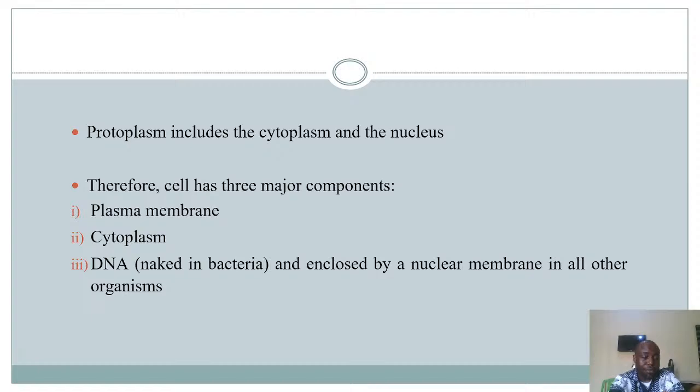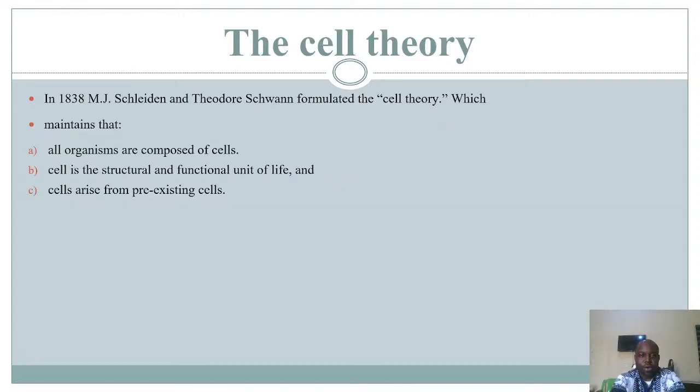They came up with a formulation about the cell, and we'll term it the cell theory. And what did they say in the cell theory? They said, one, that all organisms are composed of what? Cells. Remember we said that cells are the basic unit of the organization of all living things, which means all living things are made up of cells.